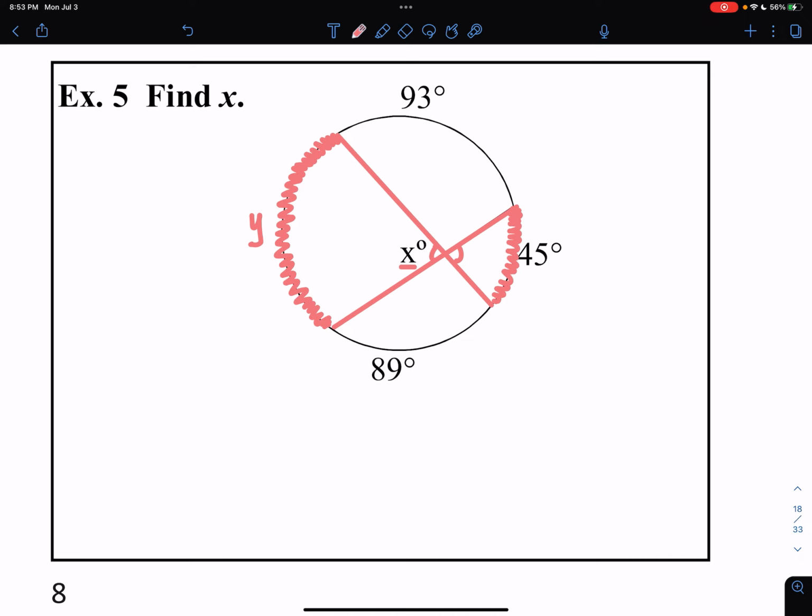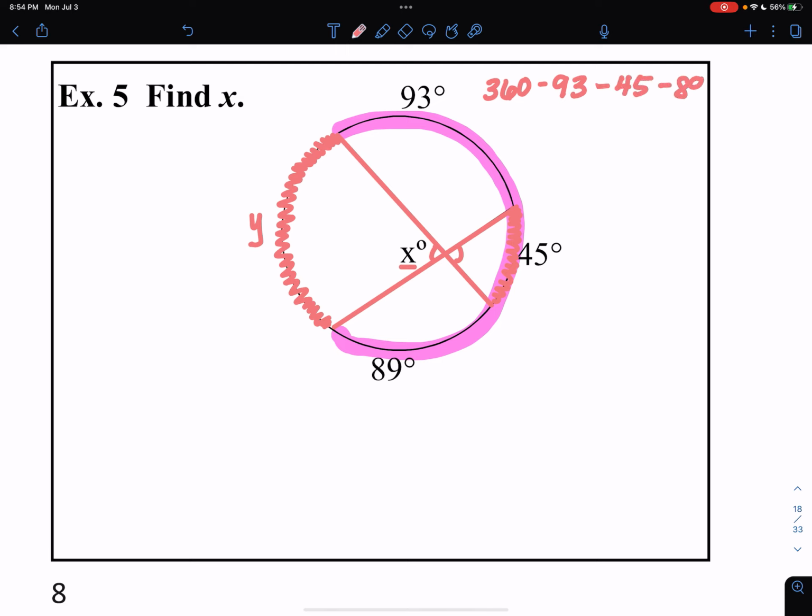So there's a couple different ways we could solve this problem. But what I want you to notice is that we have accounted for the entire circle except for Y. So if I do 360 and I subtract out all the other arcs, so minus 93, minus 45, minus 89, let's see what that gives us. 360 minus 93 minus 45 minus 89.